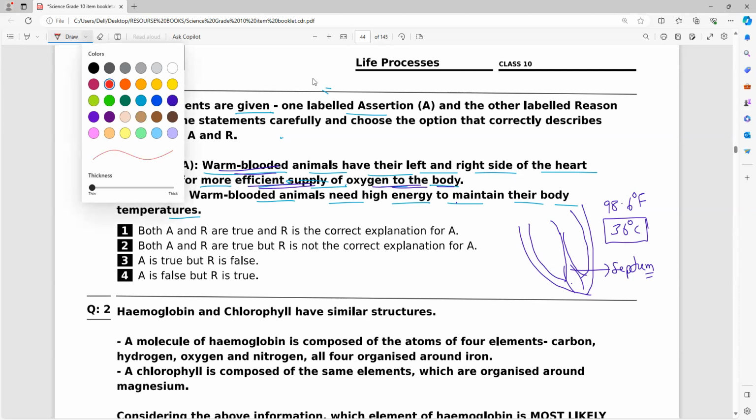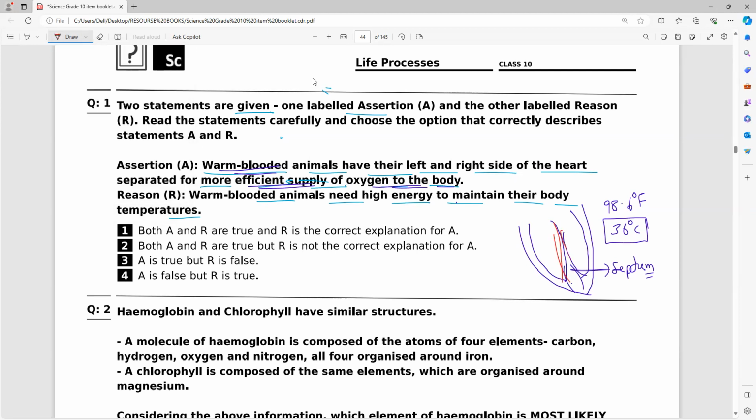We have studied it also. Preventing the mixing of oxygenated and deoxygenated blood. Why? We need to supply high energy to our body cells, so more oxygen needs to be supplied for the respiration reaction. That is the reason more oxygenated blood needs to be supplied.